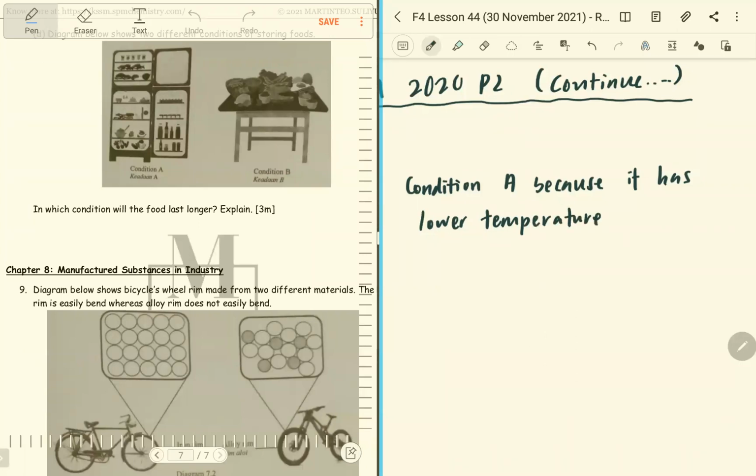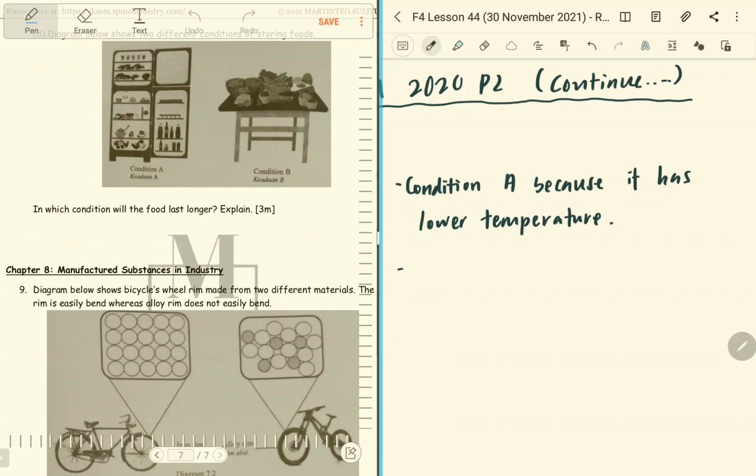At low temperature, the bacteria inside have less activity, or are less reactive. Why the food can last longer is because when it's so cold, the bacteria cannot be as active as usual. It moves slower, it does everything slower, it breathes slower, it eats slower. That's why the bacteria do their thing slowly.